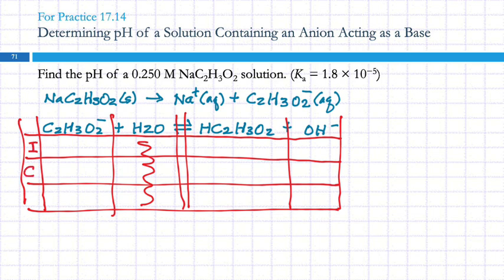What are our initial concentrations? What's the initial concentration of acetate ion? 0.250, right? Because this is going to dissolve, and it's all going to form sodium and acetate. 0.250. What's our initial concentration of acetic acid? 0. And hydroxide? 0, or approximately 0.